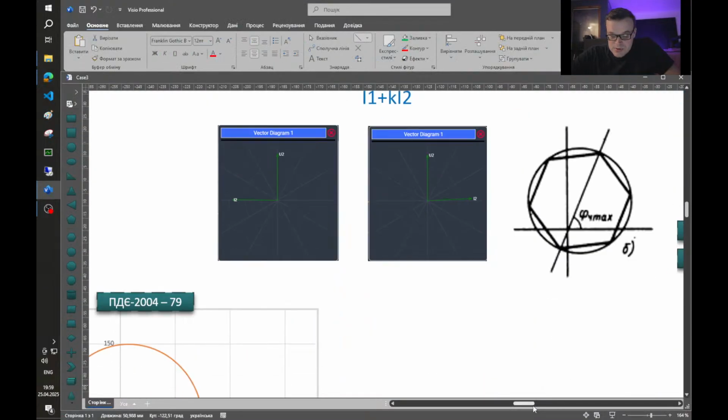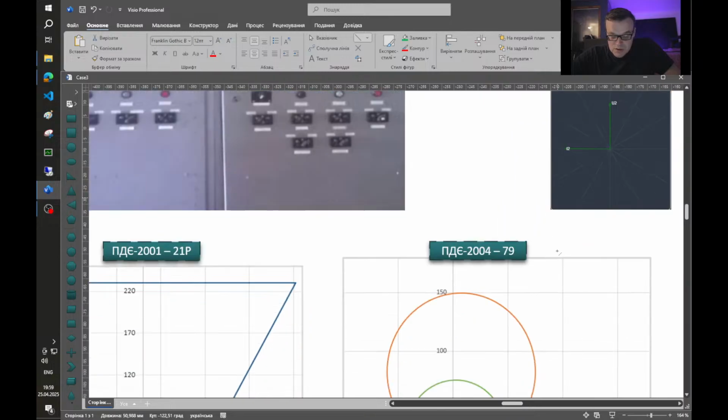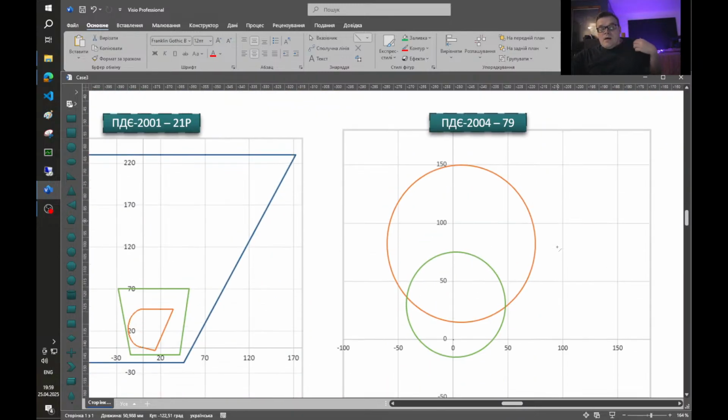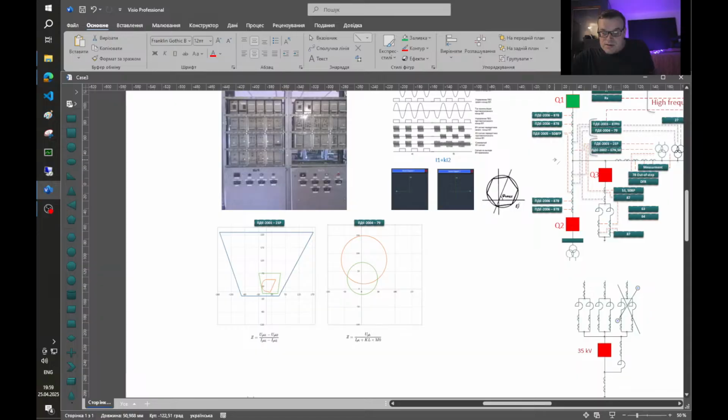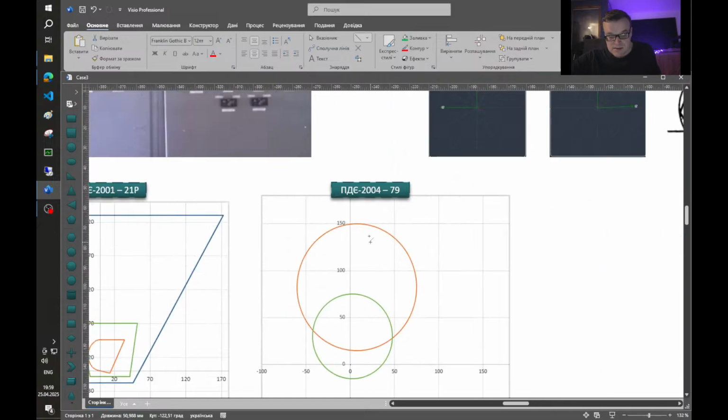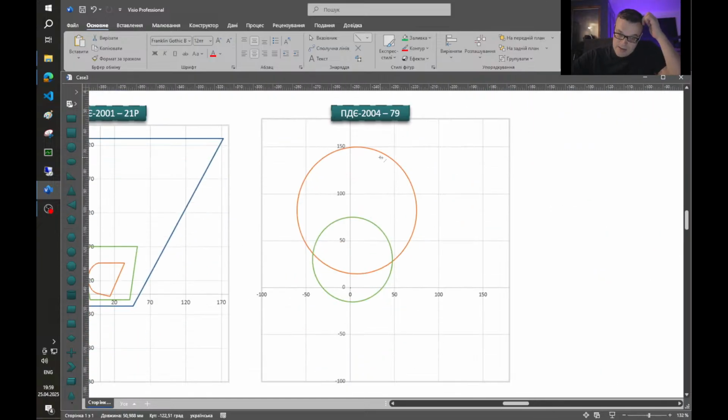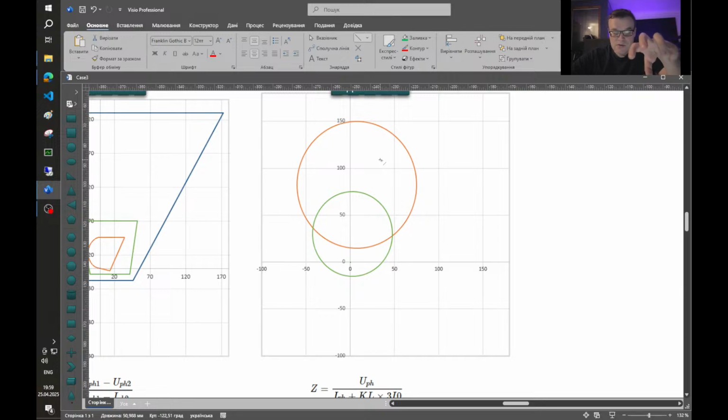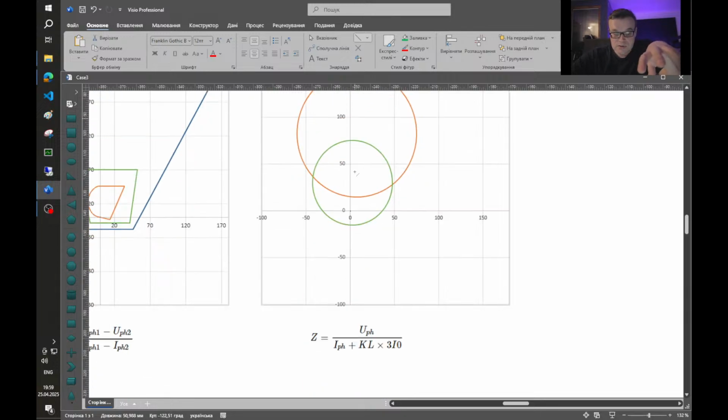And I want to show and remind you that in Soviet philosophy, all protections that trip single phase act through this 2004 relay panel that has phase selectors, and the distance characteristics of these phase selectors look like that.